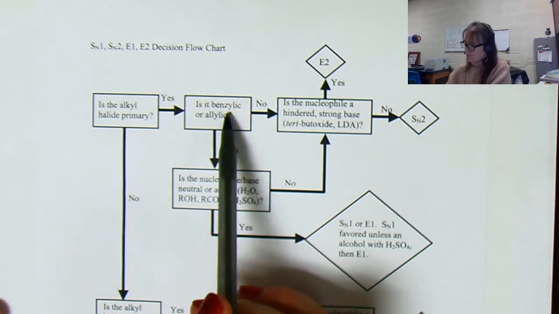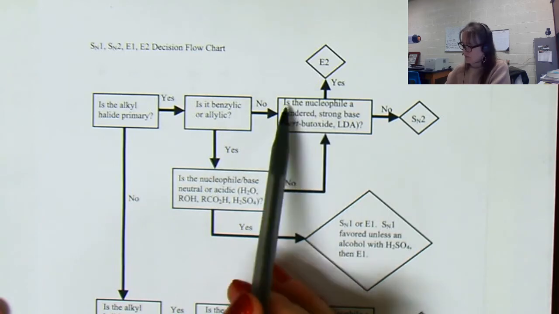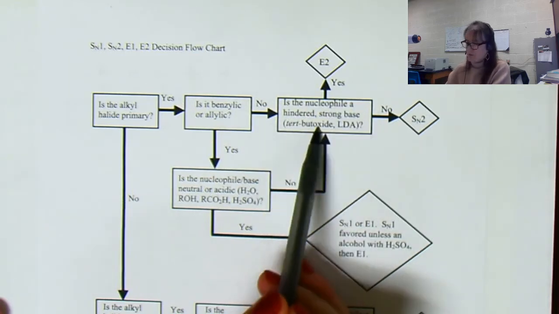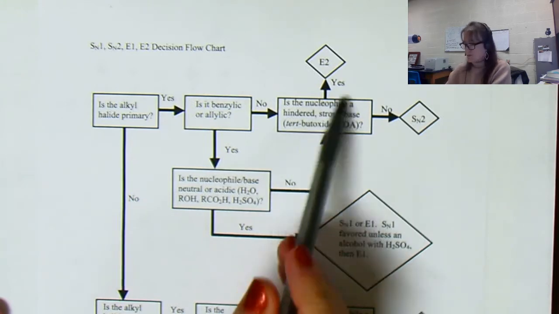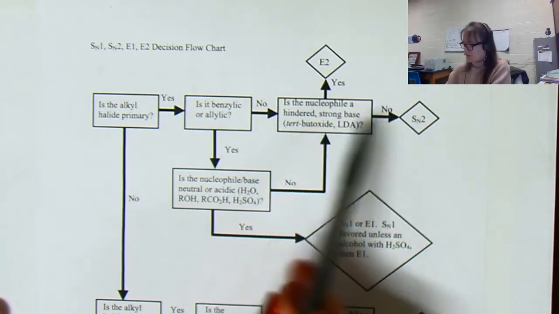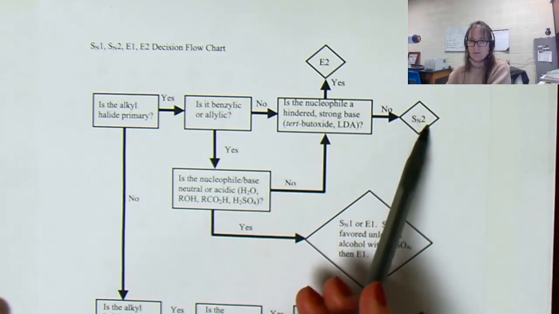Is it benzylic or allylic? And ours was a no. Ours is just a primary alkyl halide, so no. Is the nucleophile a hindered strong base, like tertiary butoxide? Yes, ours was for that last reaction. So it was an E2 reaction, which creates an alkene. Our first reaction, no, it was not a hindered strong base, so it was a substitution reaction.